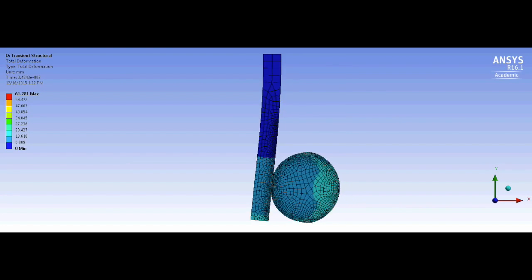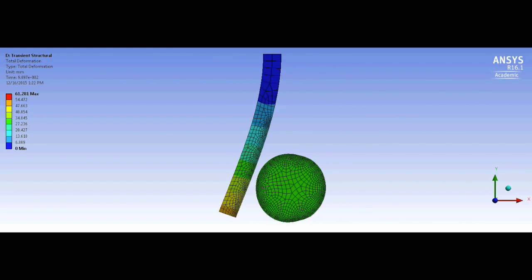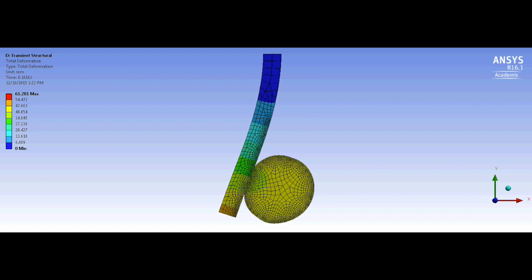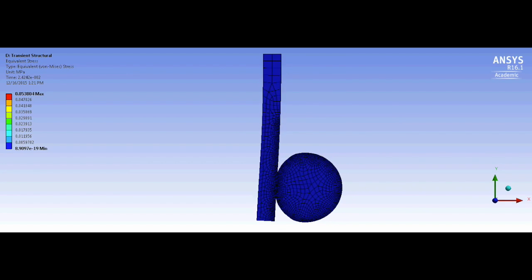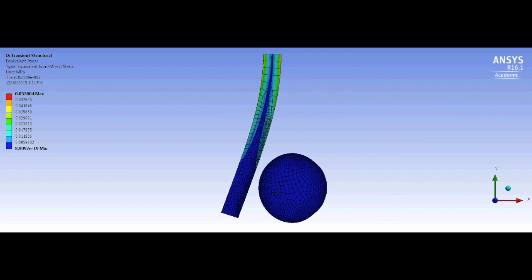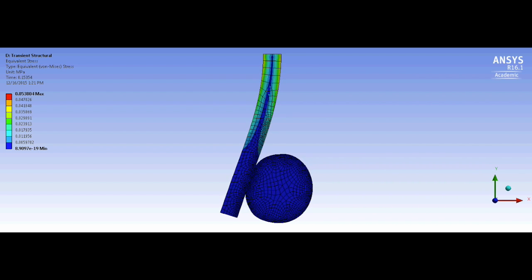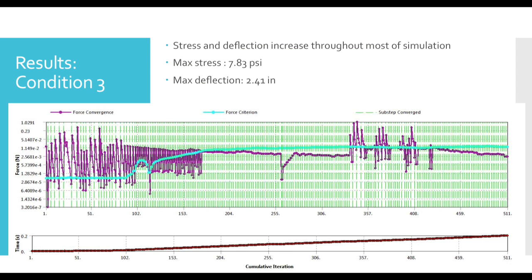Here we have condition 3 with the high stiffness polymer bat, and as you can see, the increased stiffness causes a slightly smaller deflection, which actually causes the bat to make contact with the ball again and get pushed back slightly further, which increases the stress a little bit more at the end. The final max stress within the bat was 7.83 psi, and the final deflection was 2.41 inches.